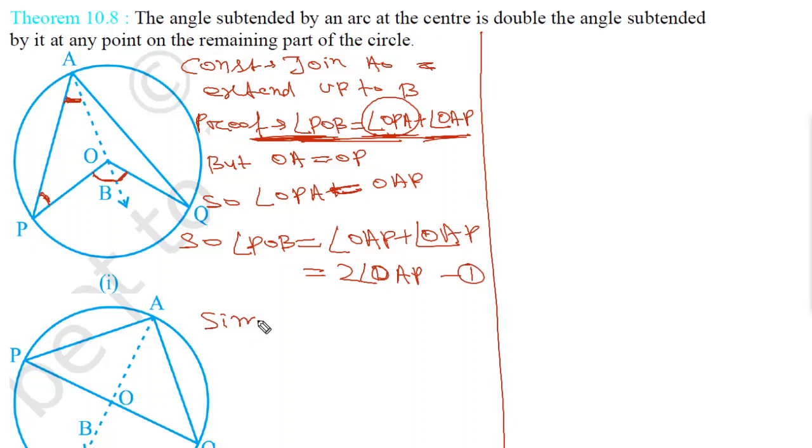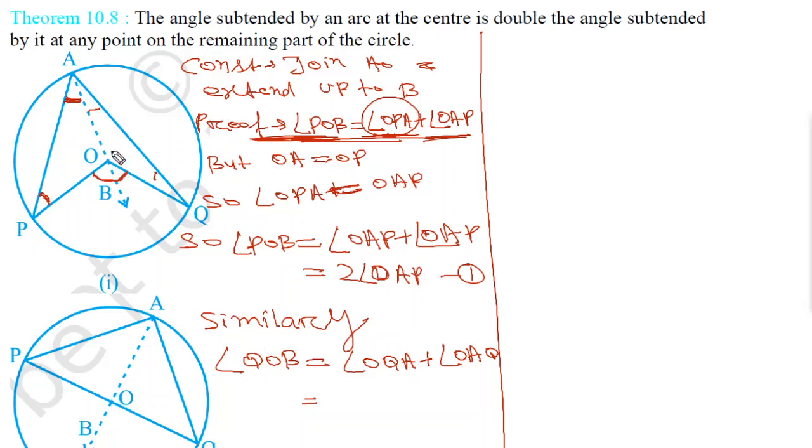Similarly, angle QOB we can write, angle QOB will be equal to sum of these two angles. Write them, angle OQA plus angle OAQ. Okay, now which will be equal to, same as OA equal to OQ, we have written similarly, so we don't need to write it again.